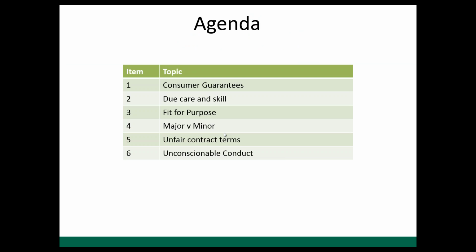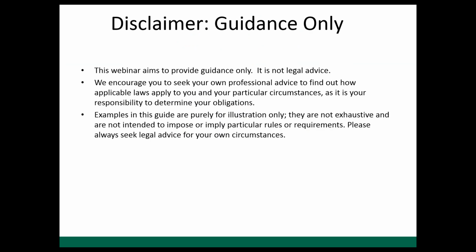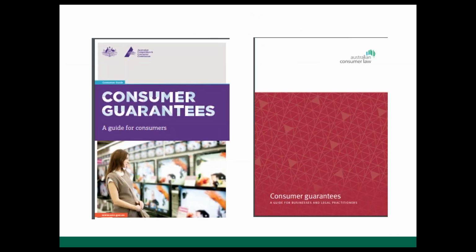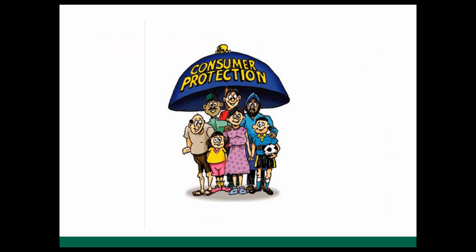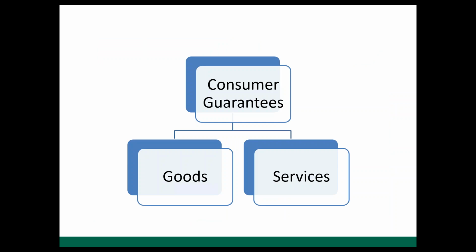So we're going to look at the consumer guarantees, and there's two documents that we'll send out to you with the email following the webinar: the consumer guide, but also a guide for businesses and practitioners, which are good to have on hand if you want to look into the information a bit more. So today's all about consumer protection.